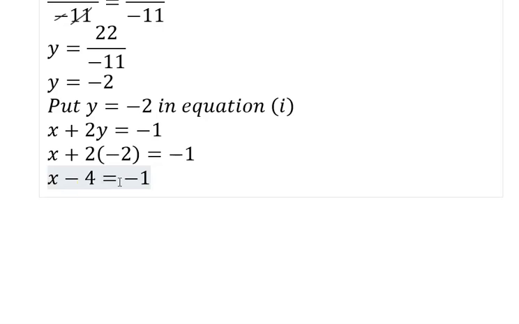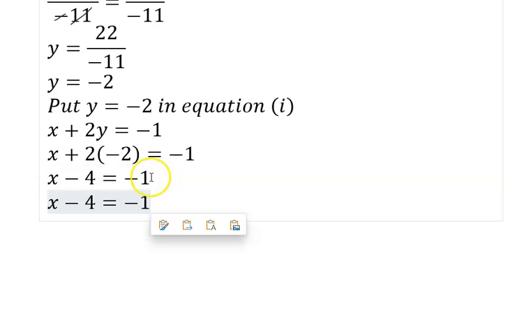Minus 4. Beautiful. So to get the value of our x, we just transfer this 4 across the equality sign. If this 4 crosses this equality sign, because it's minus, it will change to what? Plus.